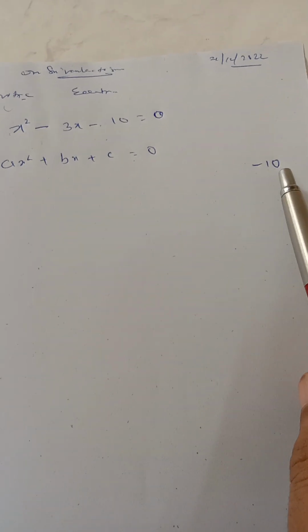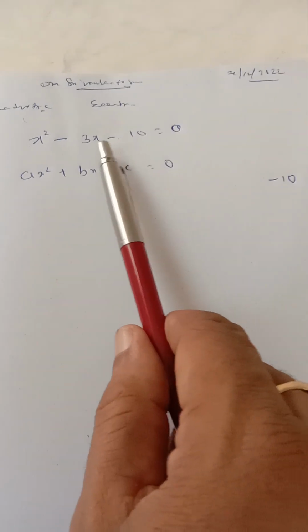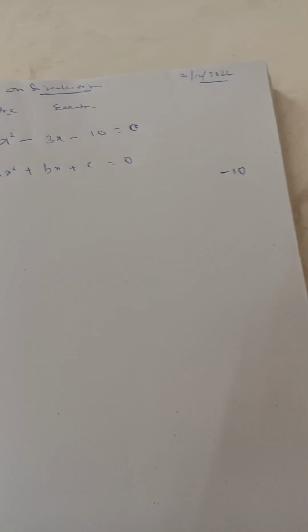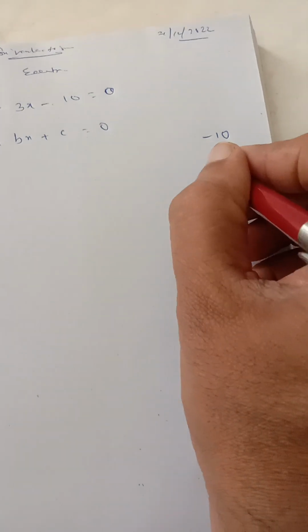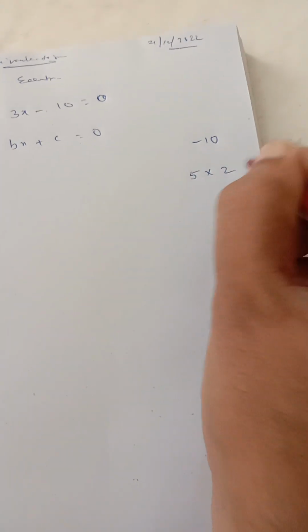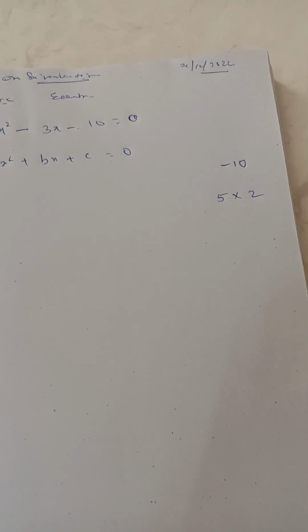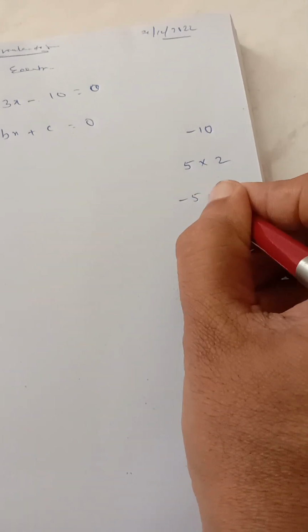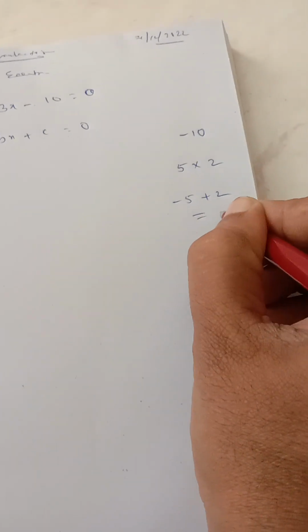We have to split minus 10 so as to get the splitting up of the middle term as minus 3. Suppose if we consider the factors of 10, 5 into 2 is 10. That means if you take minus 5 plus 2, then we will get minus 3.